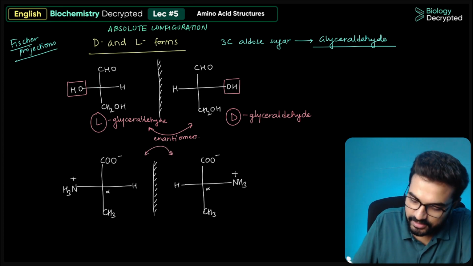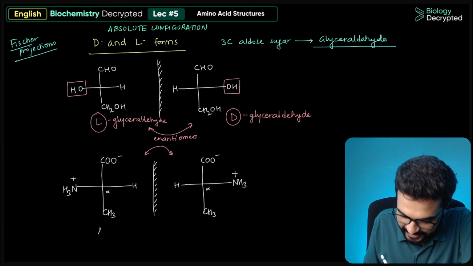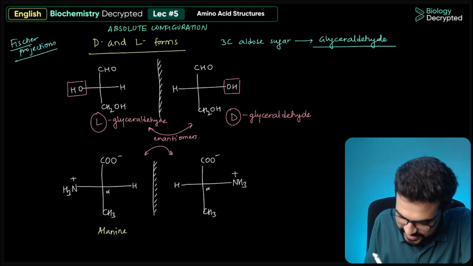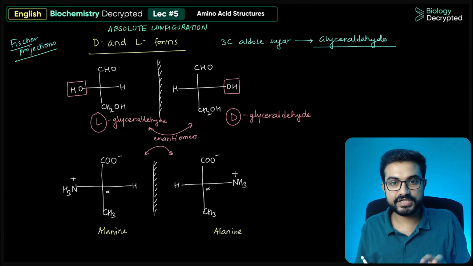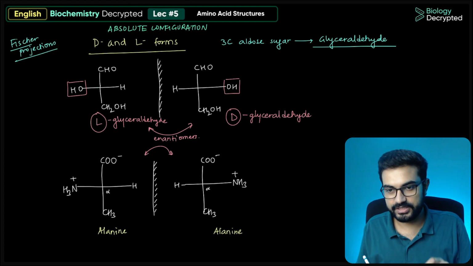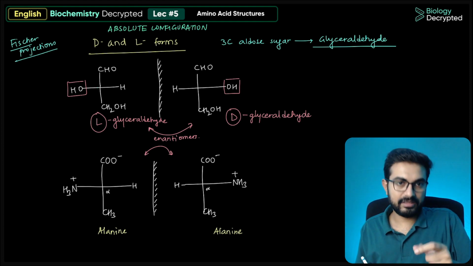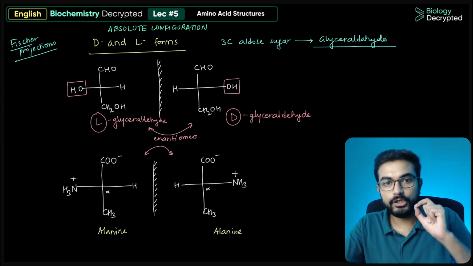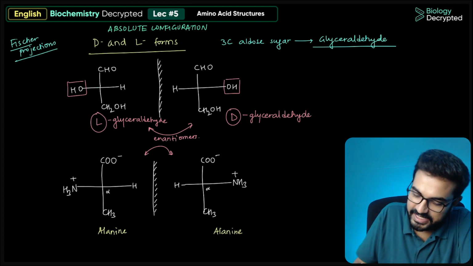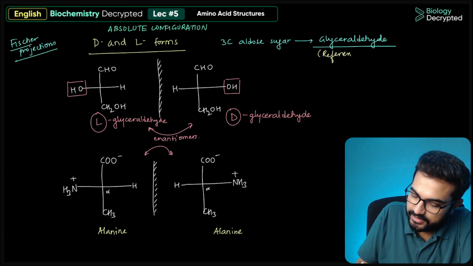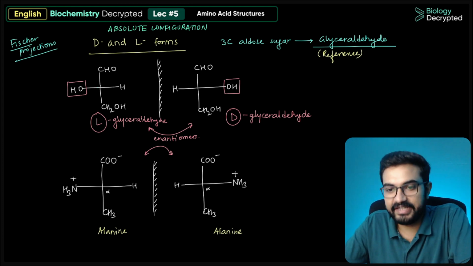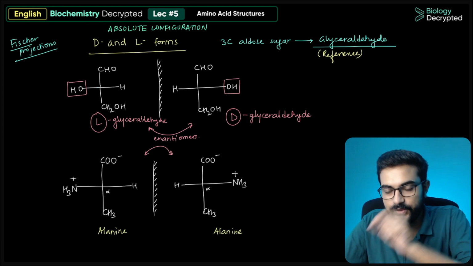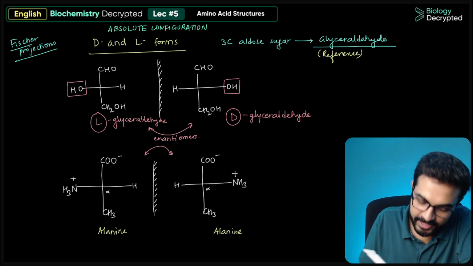Obviously, these two are enantiomers as well. As you can well identify, this one is alanine, and this is alanine as well. But these are two different configurations, configurations that are mirror images of each other. By comparing the structure to the reference compound, here your reference is glyceraldehyde. If the alpha amino group is present towards the left, then this will be called L-alanine.